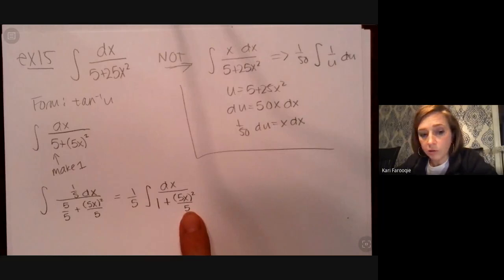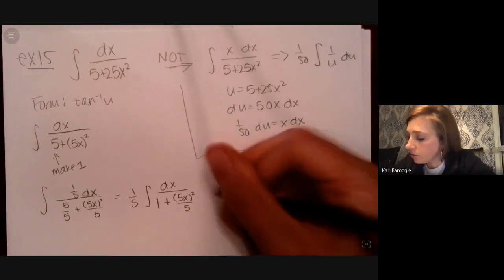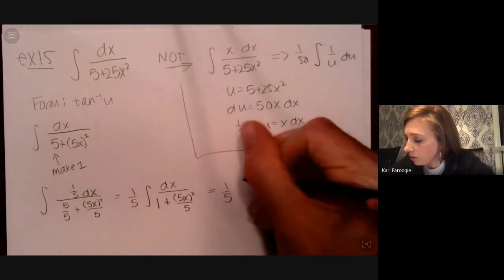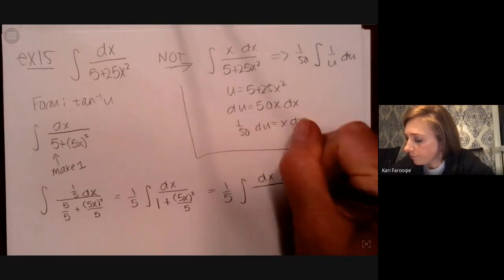If I want to make this quantity squared, then I need to write 5 as the square root of 5, because the square root of 5 squared is 5. And I don't want to change the actual meaning of the expression.